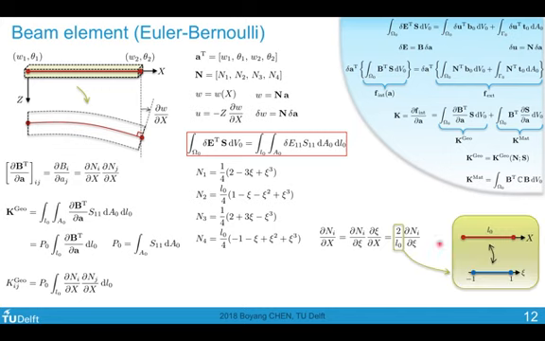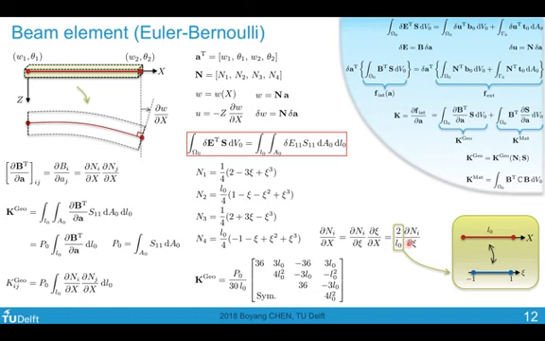Basically, when we map a line element to its natural coordinates, we are only changing in length. That's the only thing that is changing. The natural coordinates always go from -1 to 1. So the Jacobian would be L0 over 2, and the inverse of the Jacobian would be 2 over L0. So that's where the 2 over L0 comes from.